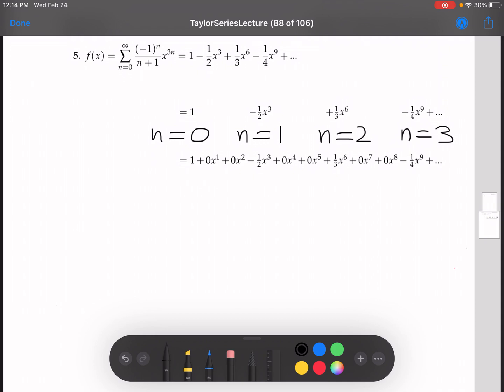So even though this is the n equals 2 term, it's not the case that a2 equals 1/3. Right? This is not true.